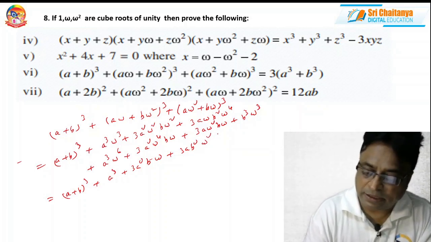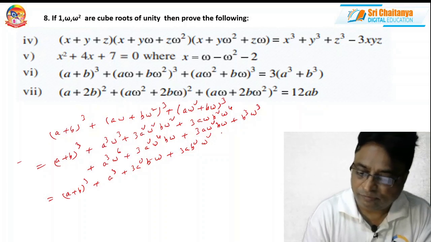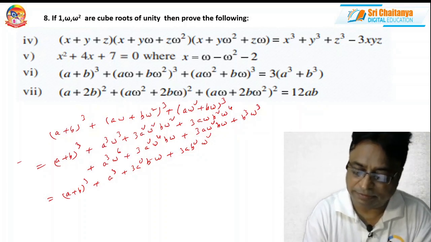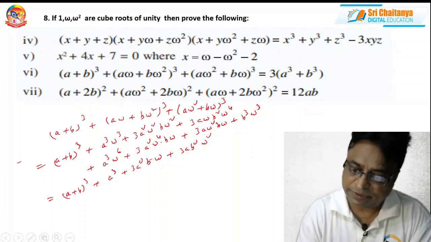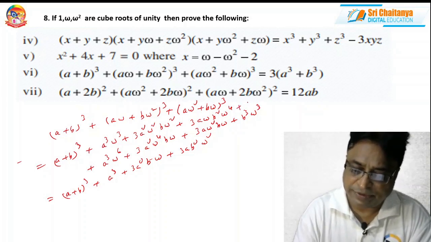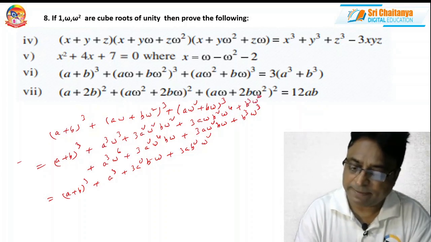Similarly, plus a cube plus 3a square b plus 3ab square plus b cube. Yeah, I have forgotten this term here, plus b cube, that is b cube omega whole power 6.